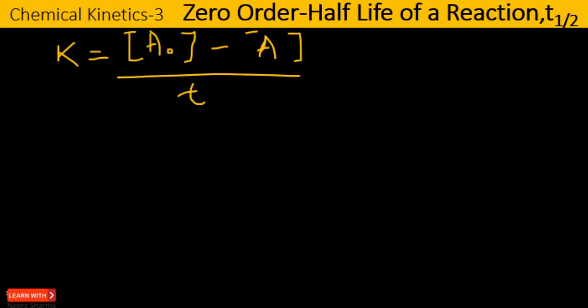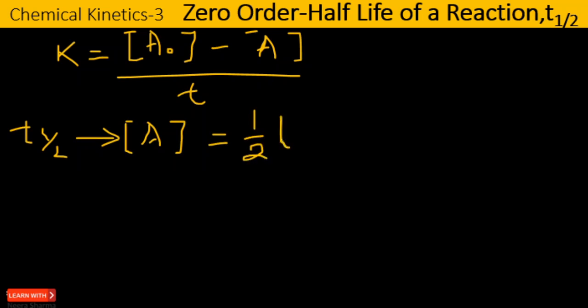So at t half, what do we have? Concentration of A at time t would be equal to half of the initial concentration, A naught.